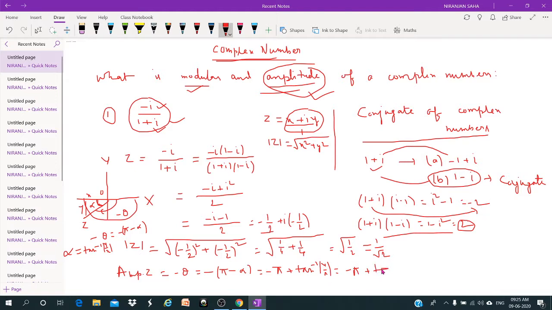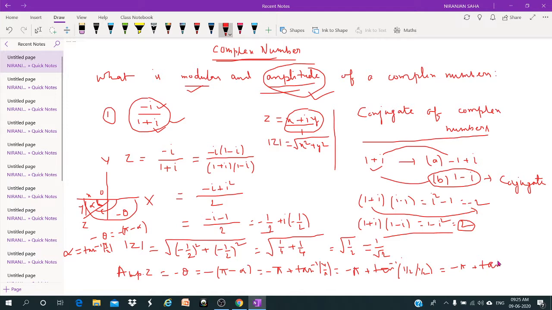tan inverse y by x. So both are half half, so it will be 1. So minus pi plus tan inverse 1.